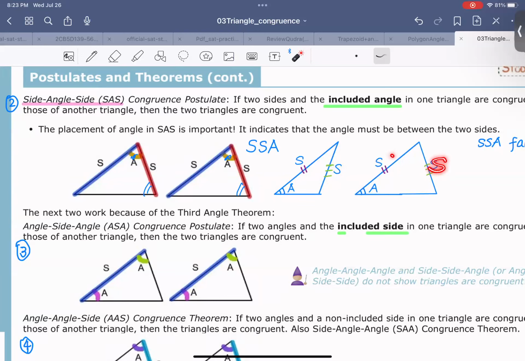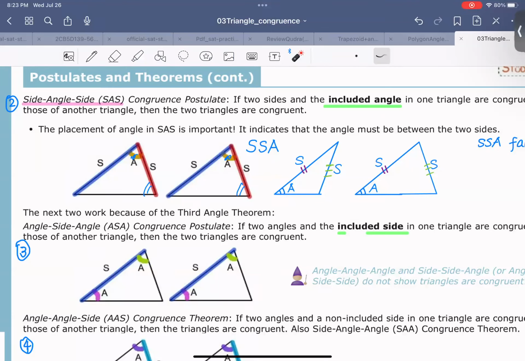So if you say a shape like S, S, A, that's not going to work. The only way to make this work is if your angle is between these two sides. That's called SAS. This is really important.